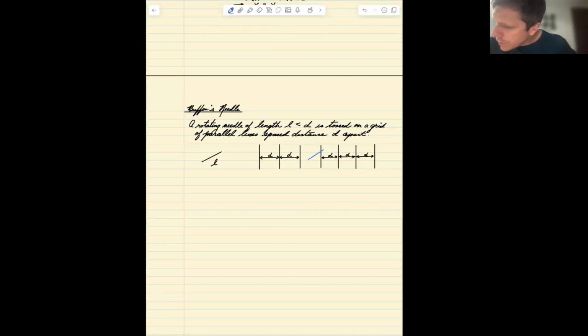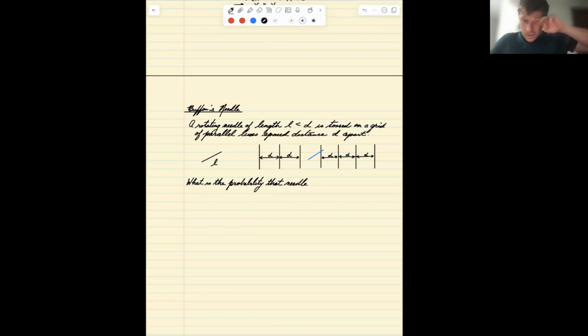Okay, so what is the probability that the needle comes to rest intersecting one of the grid lines?